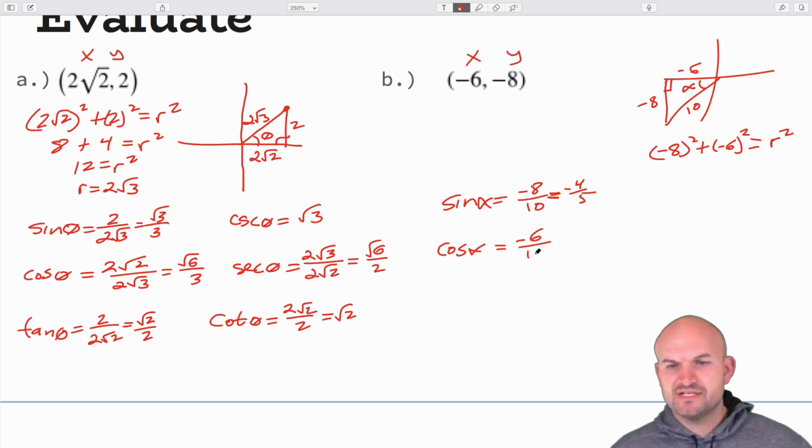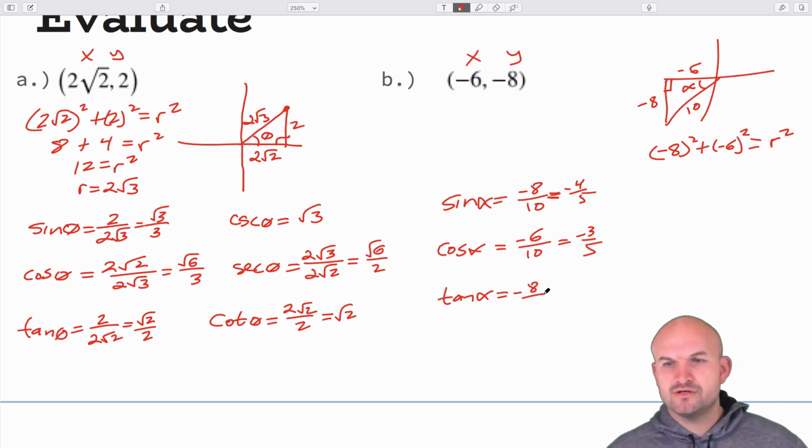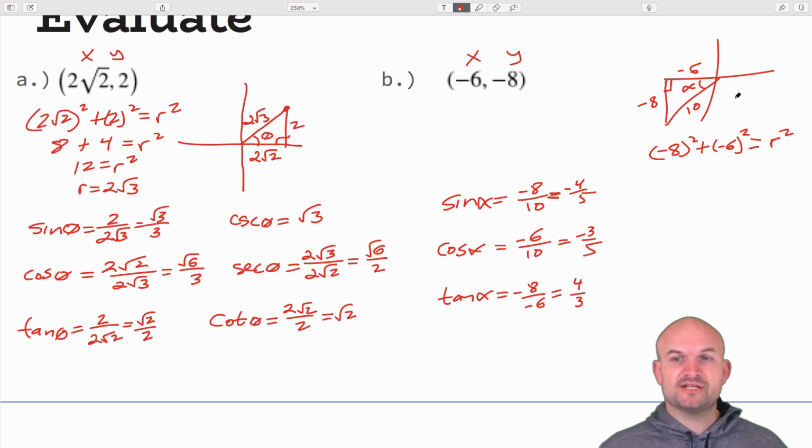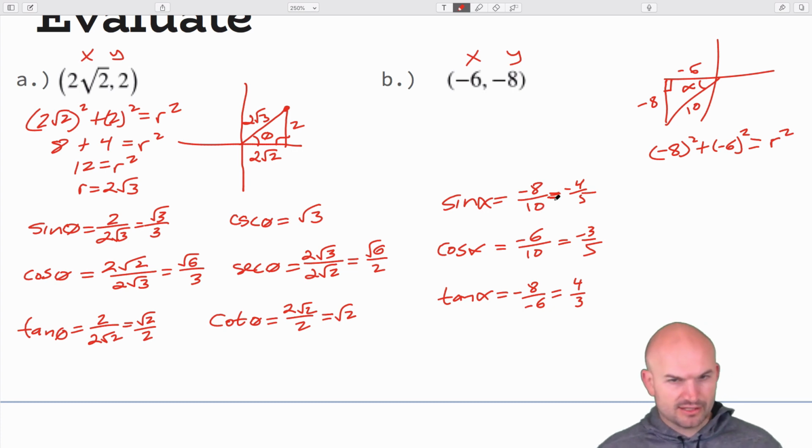So that's going to be -6 over 10, which can be reduced to -3/5. And then the tangent of alpha is going to be the opposite over adjacent. So that's going to be -8 over -6, which again can be reduced to +4/3. Okay, so again, just making sure that you simplify and then also make sure that in the fourth quadrant you can check sine and cosine should be negative and tangent should be positive.